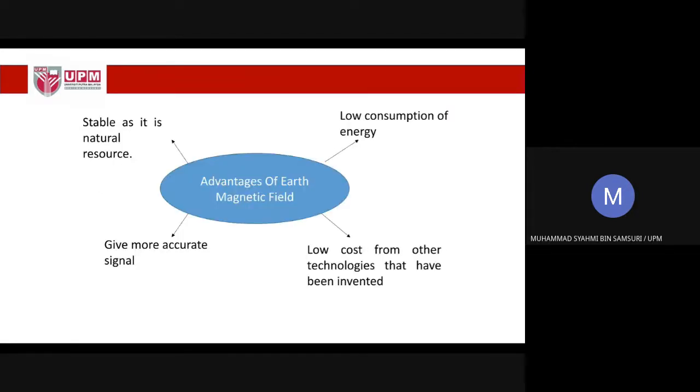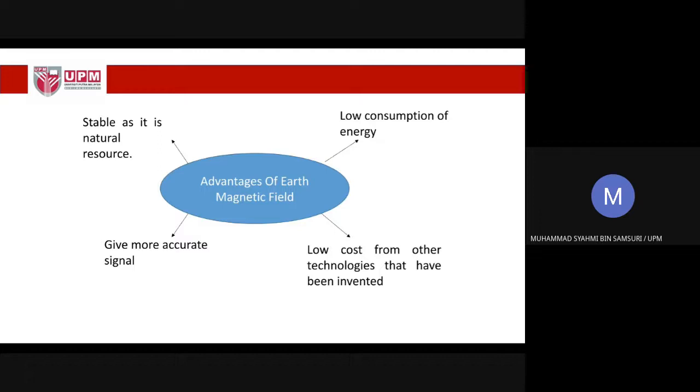Right, so there are advantages of the Earth's magnetic field. Why use the Earth's magnetic field as a medium for localization? Because it is stable, as it is a natural resource, and it gives a more accurate signal as it is a 3D orientation vector. It is also low in energy consumption, as it doesn't need any technology other than a mobile phone and the Earth's magnetic field.